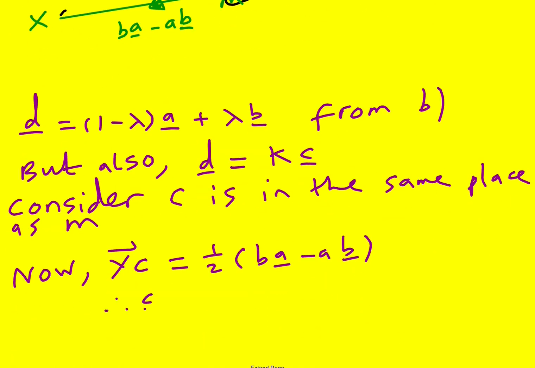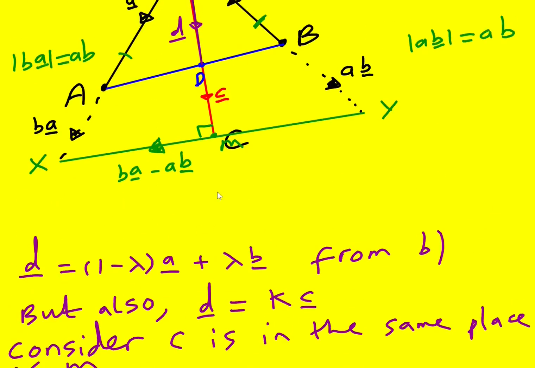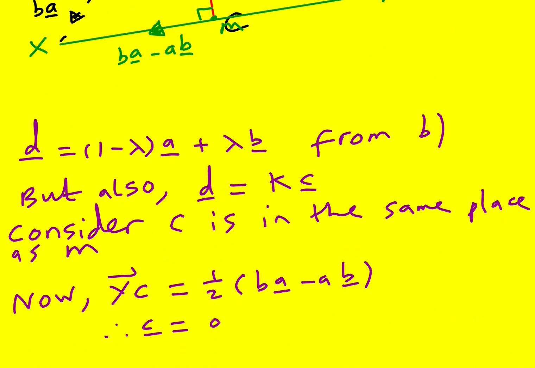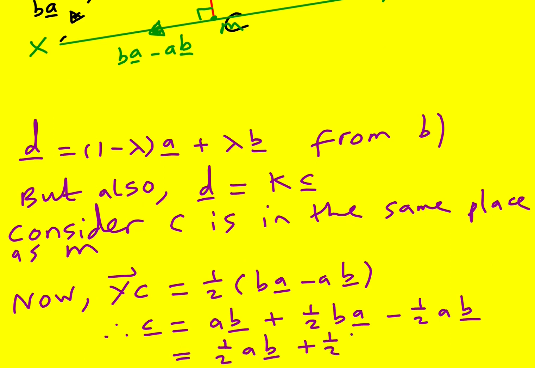And therefore C is I'm going to go along AB and then add the YC. Let me expand the bracket while I'm at it. So that's going to become a half AB plus a half BA.